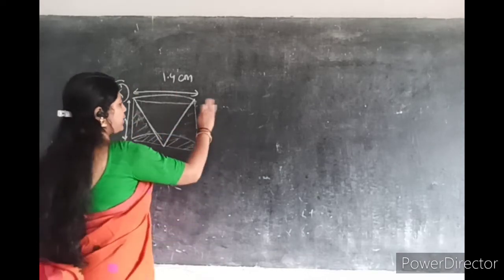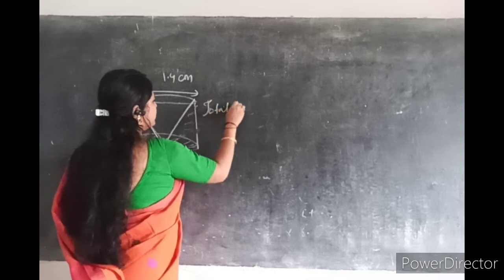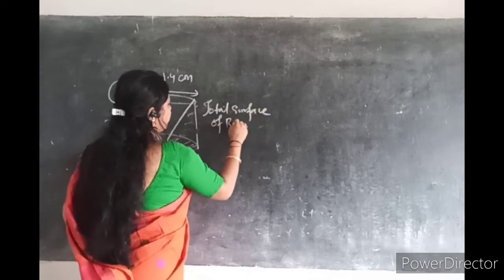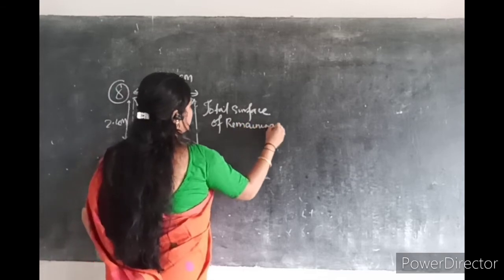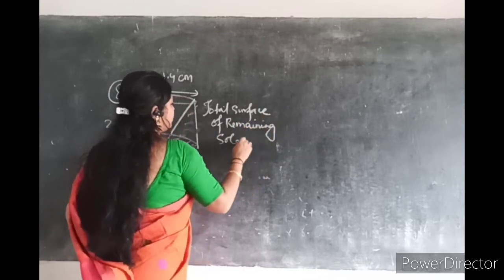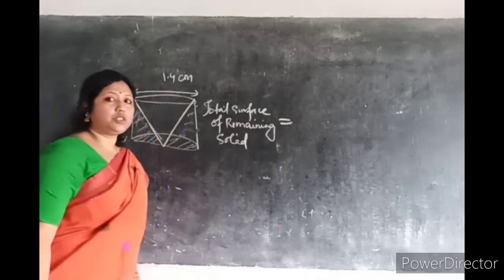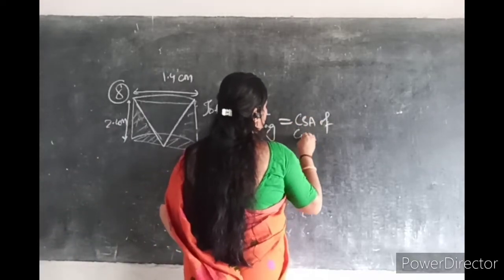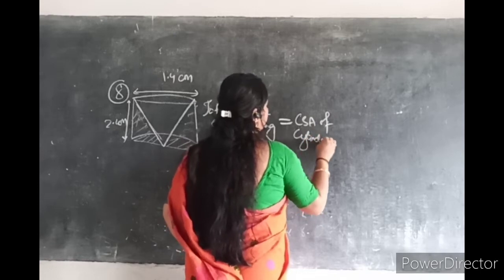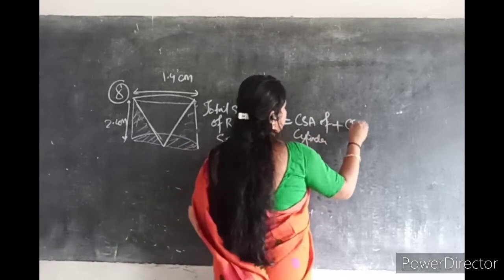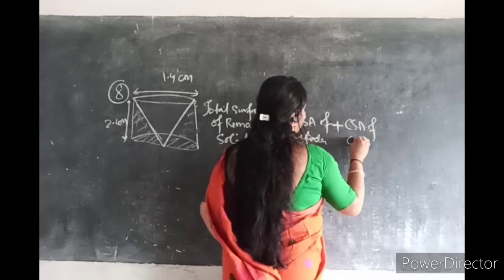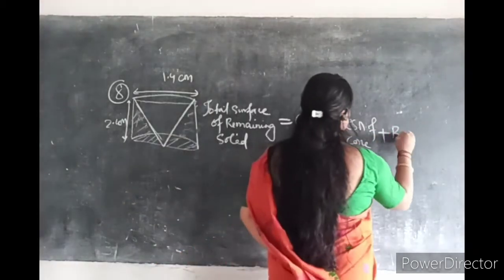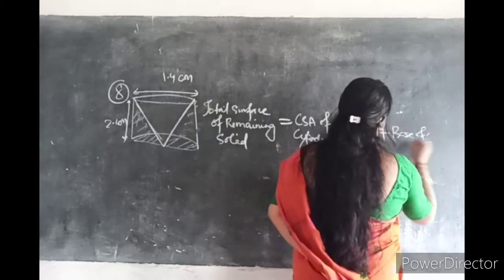Okay, let us find the total surface area of the remaining solid. That will be equal to the curved surface area of the cylinder plus the curved surface area of the cone plus the base of the cylinder.